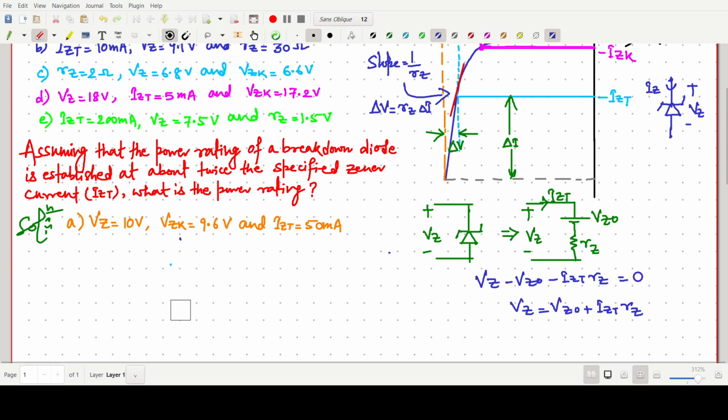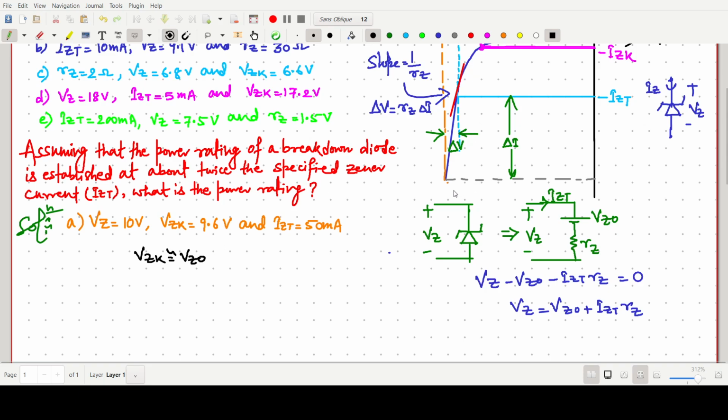Then we will solve. So in the question, we have to identify the missing specification. Basically, this one is our Zener diode. VZ is given, VZK is given, and in the question it is also mentioned that VZK is somehow equal to VZ naught.